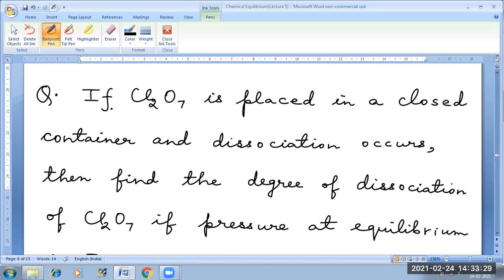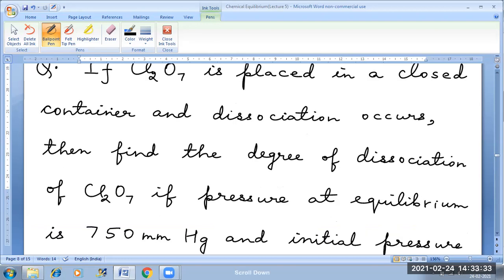Placed means that should be the reactant. And I am supposed to find out the degree of dissociation of Cl2O7.